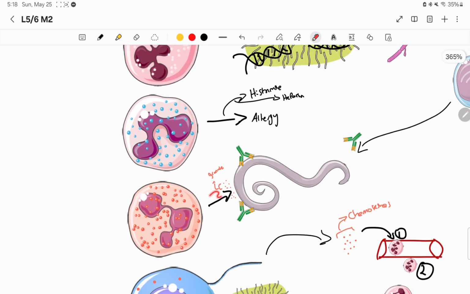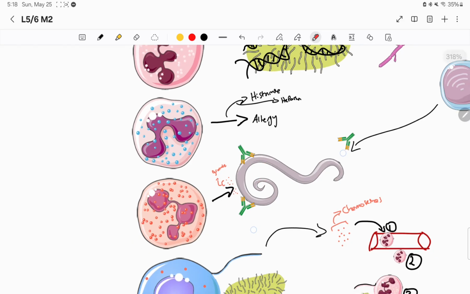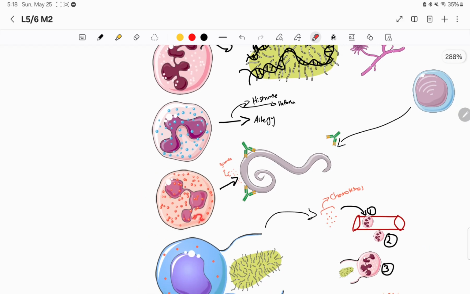These granules contain substances harmful to the parasite. So that's what eosinophils do. They're responsible for parasite killing. The other thing that eosinophils are involved in is allergic conditions such as asthma and hay fever.